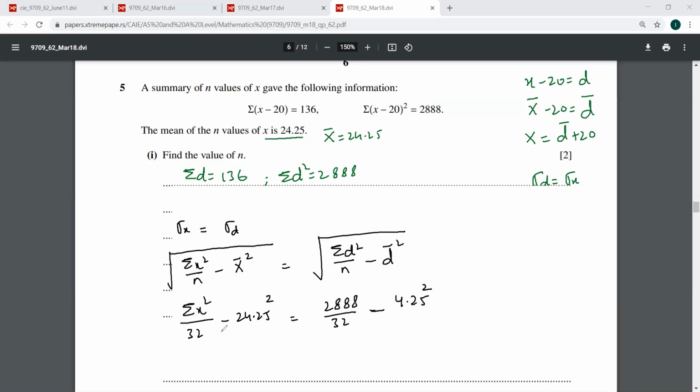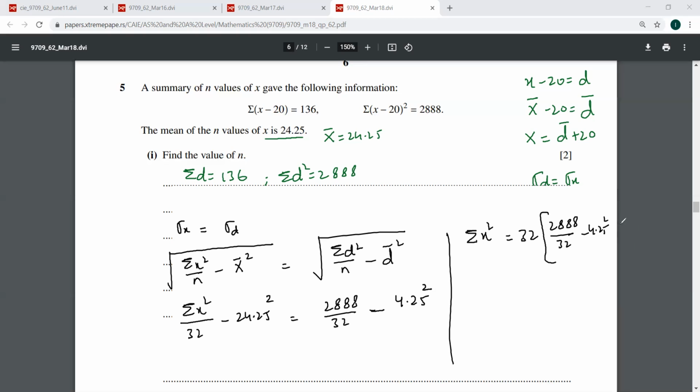Okay. So guys, you use your calculators and you must be able to find this. Like this would become sigma x square equal to 32 into this 2,888 over 32 minus 4.25 square.